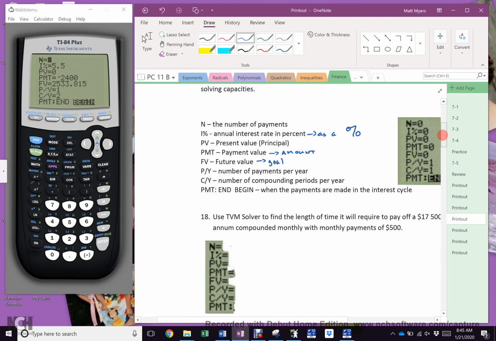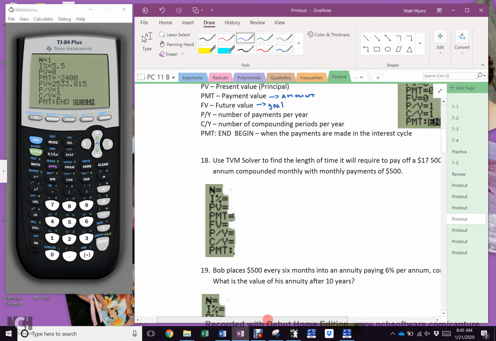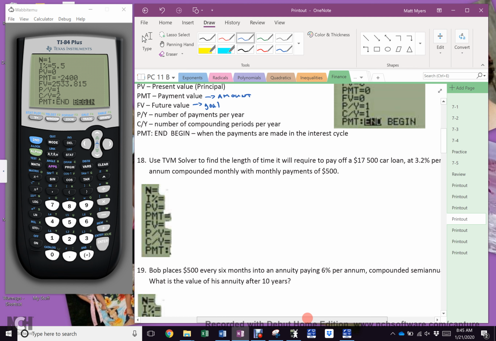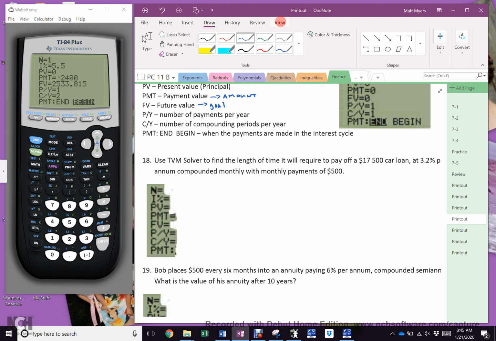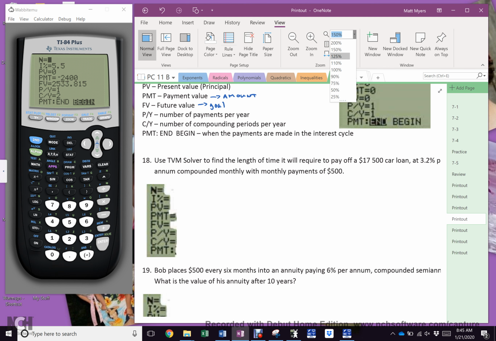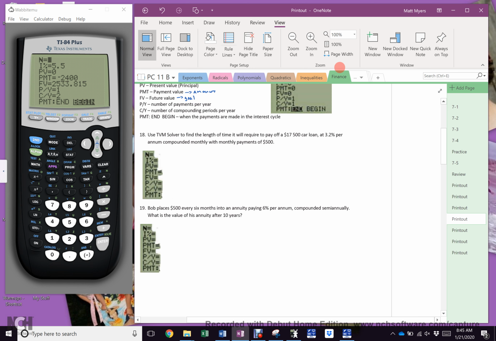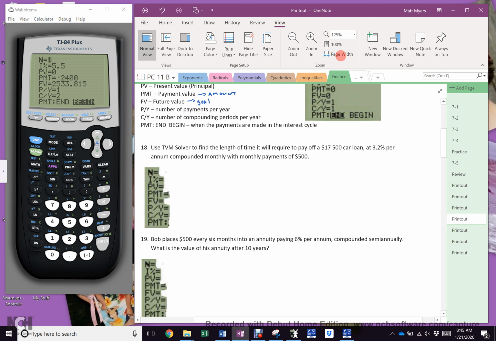Okay, and we'll talk about it in a second. So we are actually going to use this a little bit, and we're actually going to fill this out. So let's look at the first one. Use the TVM Solver to find the length of time it will require to pay off a loan.